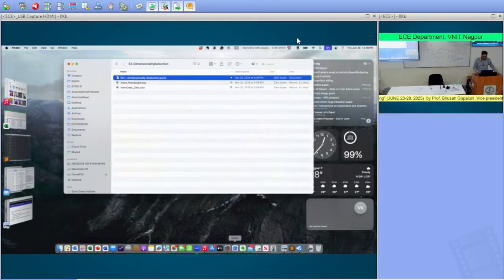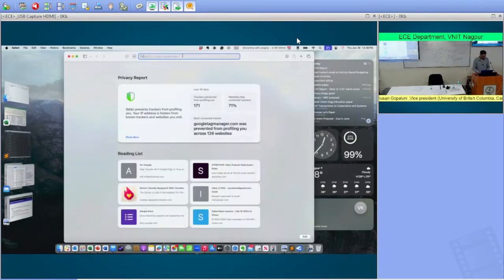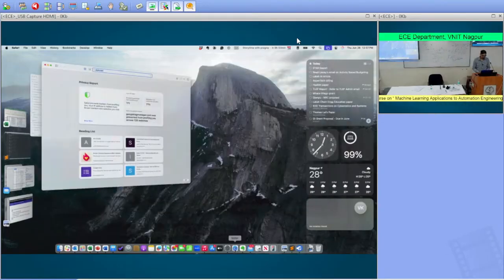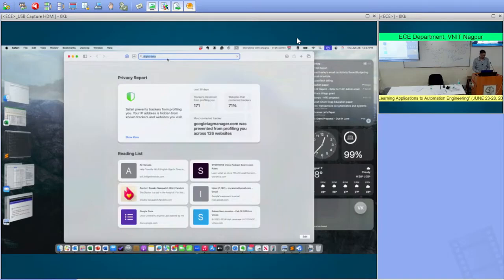It'll be fun to try it. But try it with the data that's in the folder. If you have time, you can try other data sets or the iris data set.